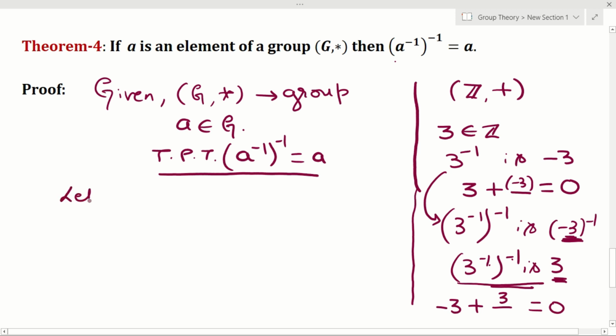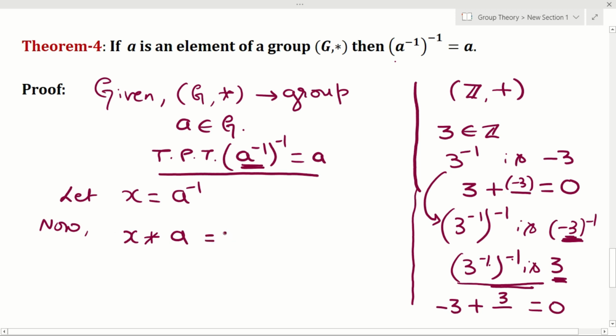We shall take, let x is equal to A inverse. Now, so what is x star A? So in general, we should consider the binary operation star. So what is x star A?